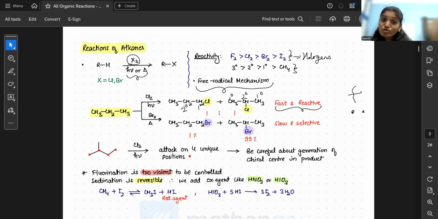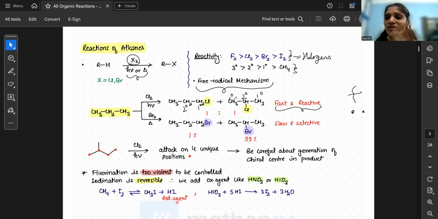Whenever the carbon is attached to two carbons, we call it a secondary carbon. Clear? Now here, the attack of chlorine is very fast and very reactive. It is not selective. You people know that a secondary free radical is more stable than a primary free radical.